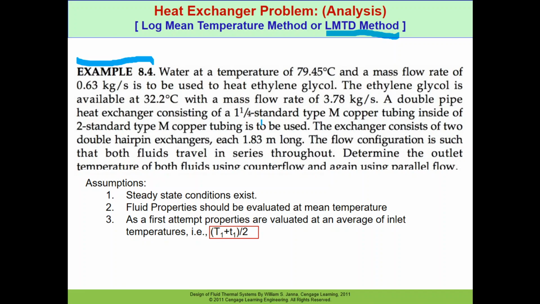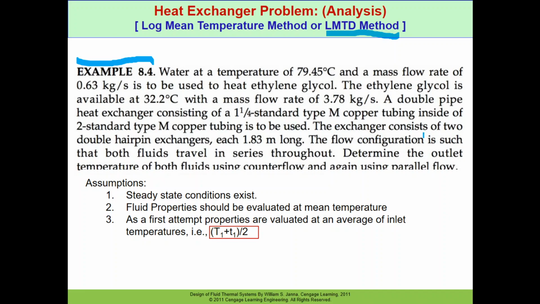A double pipe heat exchanger consisting of 1 1/4 standard type M copper tubing inside of two standard type M copper tubing. So there are two tubes. The outer tube is two standard, the inner tube is 1 1/4 standard, and both are type M copper tubing.